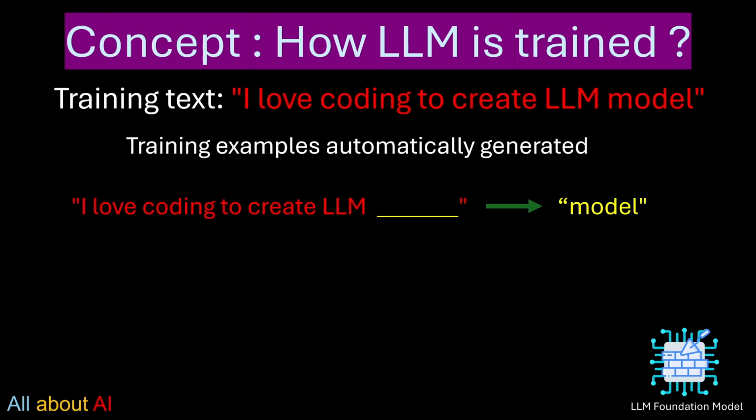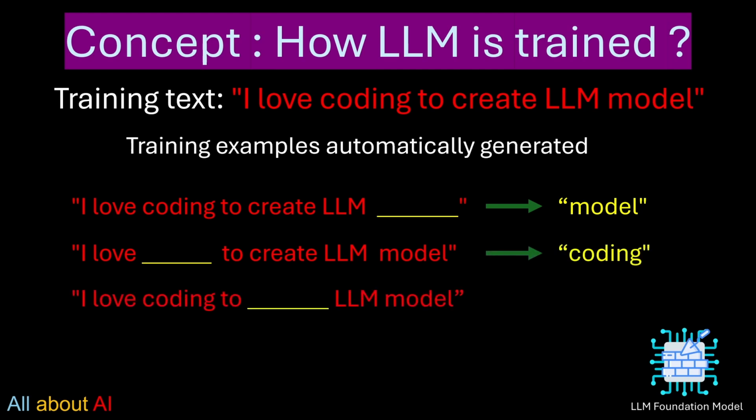Another way could be to use a mask for the words. I can create a masking in between. Say, "I love mask to create LLM model." In this case, the masked word would be "coding". Similarly, another masking could be created for a different word. So you can see the model is trained based on this sentence itself.